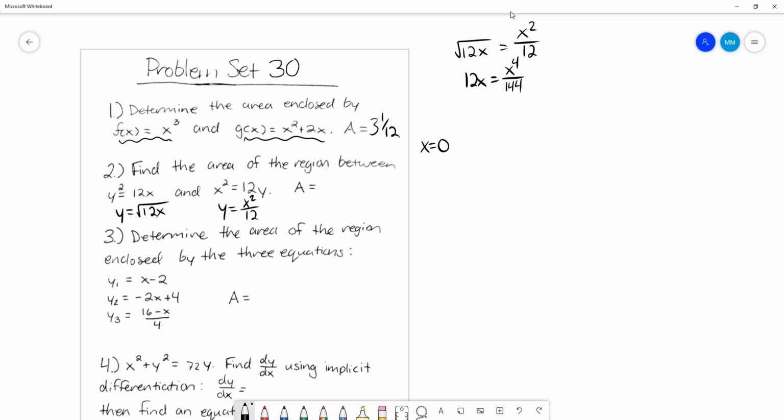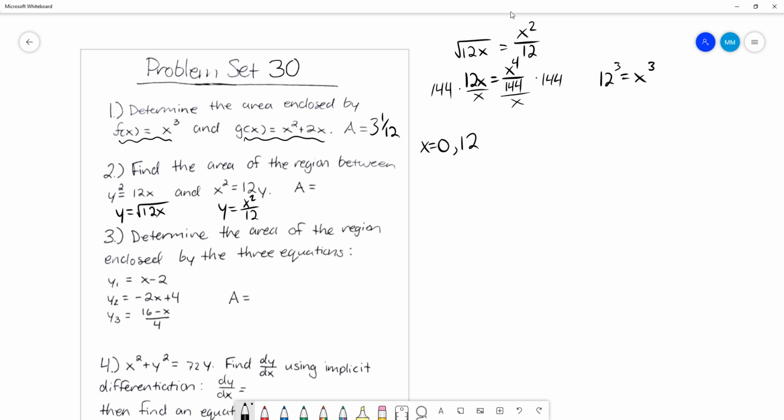Which gets us some big numbers, but if I divide both sides by x and multiply by 144, that's clearly going to get 12 to the 3rd equals x to the 3rd, so x equals 12. So the region between these two functions is going to be between x values of 0 and 12.